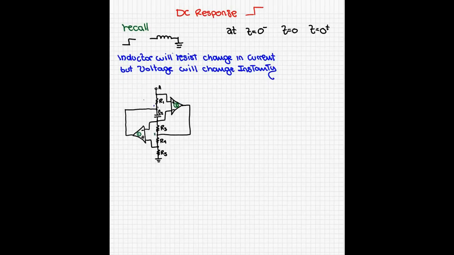So now let's look at what happens at t equal to 0 minus. This is just like having an inductor just floating, correct? That's all you're going to have. So in reality there's not going to be any charge stored in this capacitor.